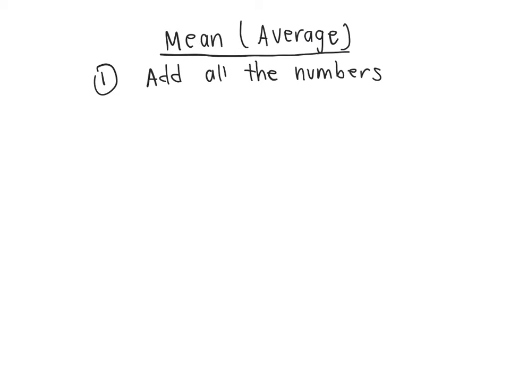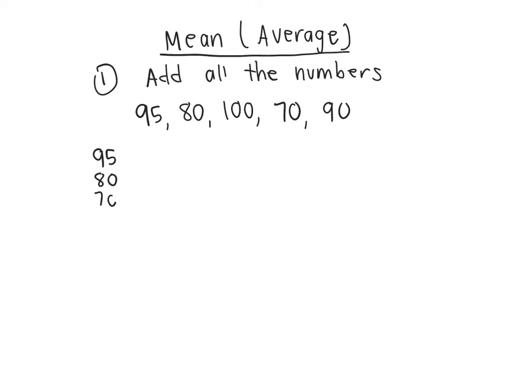So let's say on a quiz we got a 95, we got an 80, we got 100, we didn't do so good, we got a 70, and then we got a 90. So what we're going to do is add up all these numbers. So 95, 80, 70, and 90.